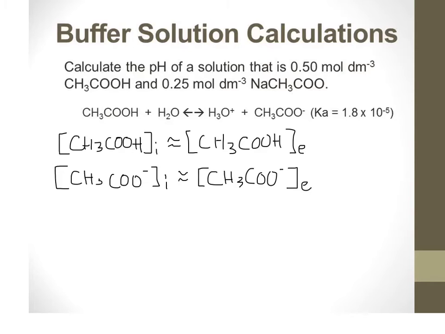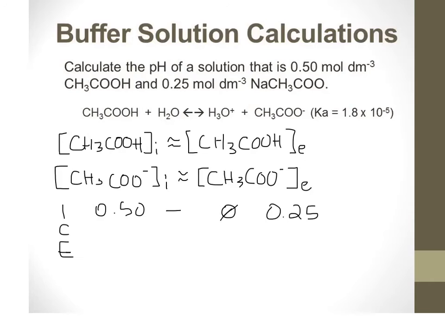So if we were to take this problem, set up an ICE table, initially we have 0.50 moles per decimeter cubed of our acid. Initially we have 0 hydronium, and then we would have 0.25 moles per decimeter cubed of our CH3COO-.